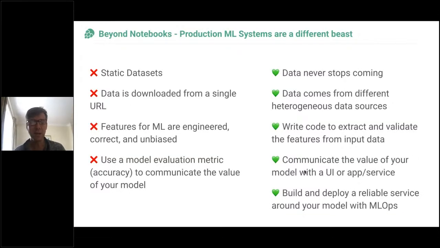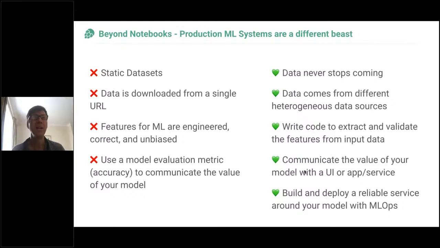The title of this webinar is Beyond Notebooks, and you might think, what does that mean? Well, it means we're not just training a model, evaluating a model, and then saying we're done. In a traditional course where you learn how to do machine learning, you get a static data set, like the iris flower data set, or MNIST if you're doing deep learning, and you download that data.